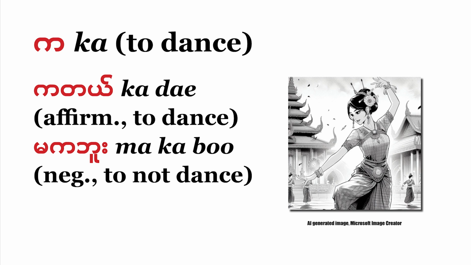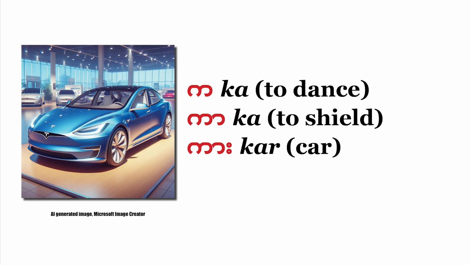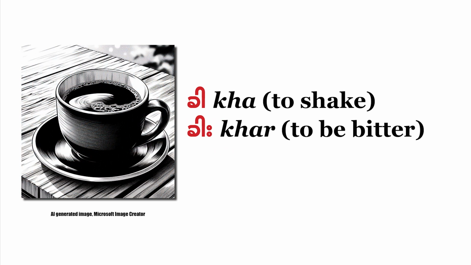So here are three words. Ga is to dance. Ga is to shield or to protect, as in shielding yourself from the sun. Ga is vehicle or car. Ka with a yecha is read ka, and that means to shake.